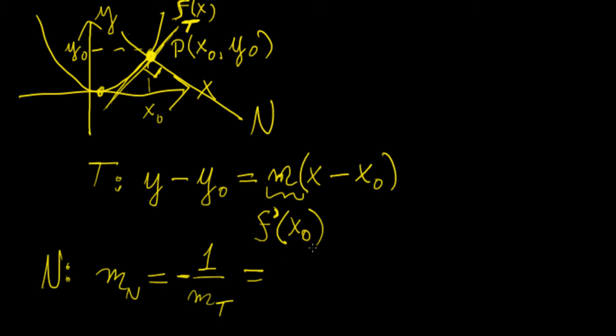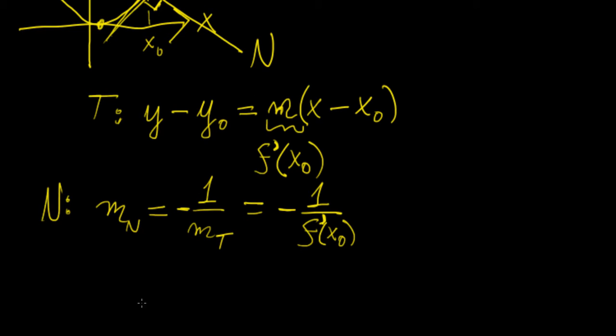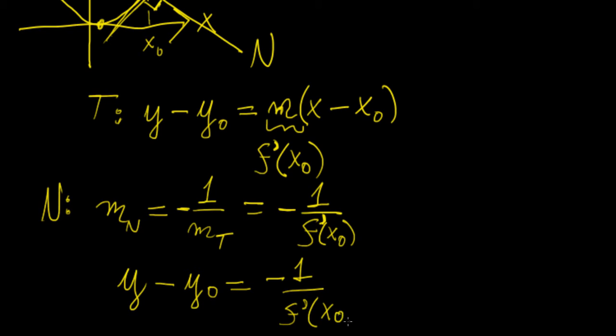Well, the gradient of t we just discussed is just this, so this is going to become minus 1 over f prime evaluated at x0. And all of this implies that the equation of our normal line is going to be the following: y minus y0 equals minus 1 over f prime x0 times x minus x0.